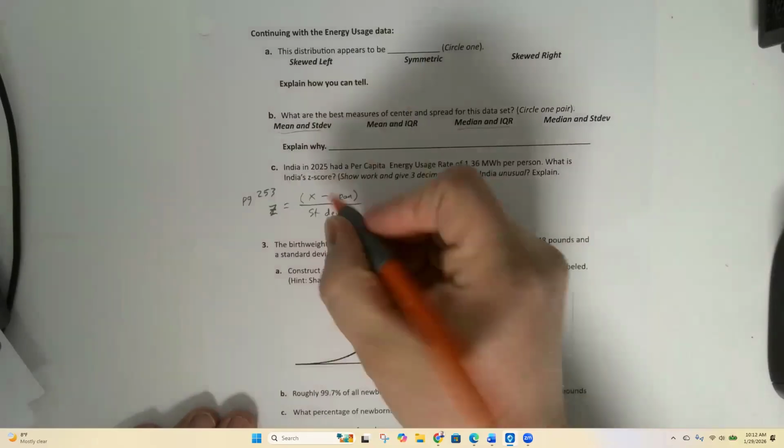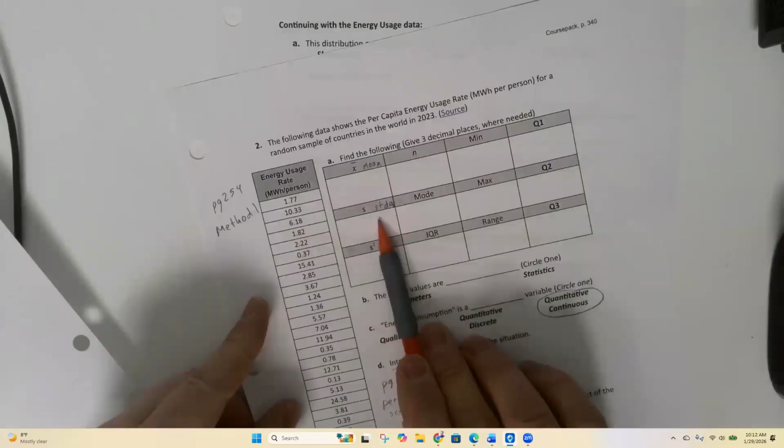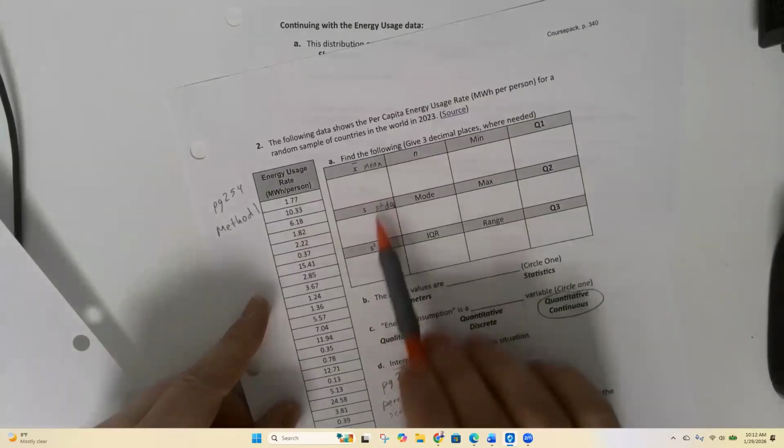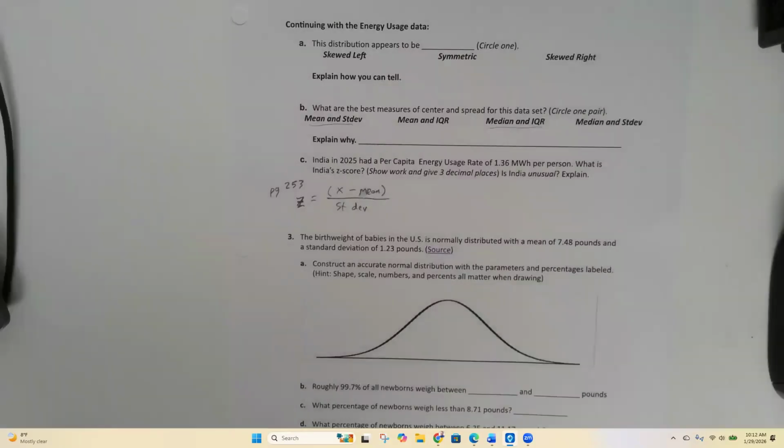Now, where do you get the mean and the standard deviation? Well, you just calculated them. That was back over here, right? Now, your z-score could be positive, it could be negative. It may be small or it may be very large.